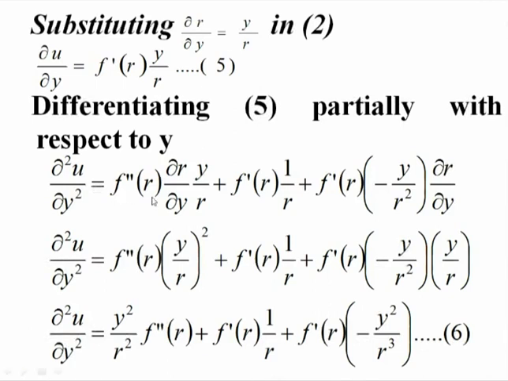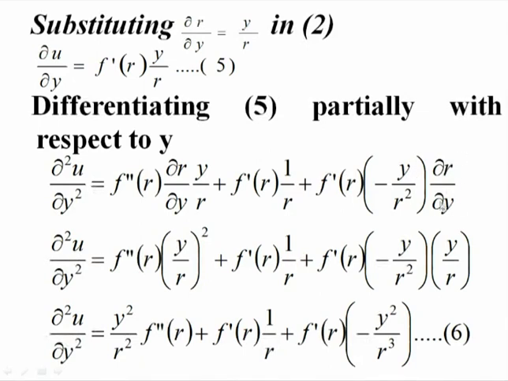f double dash r into del r by del y into y by r plus f dash r is a constant for this term, and partial derivative of y with respect to y is 1, and 1 upon r is constant, plus f dash r and y is kept fixed, and derivative of 1 upon r with respect to y is minus 1 upon r square del r by del y.